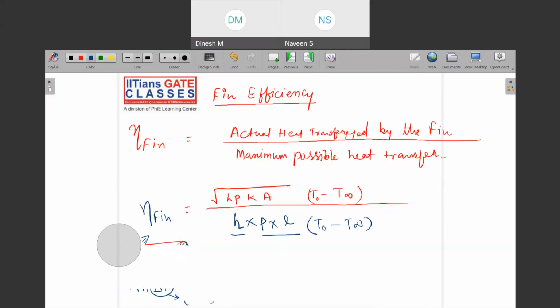And then I need to analyze a few things about the efficiency of the fin. Can you see that this T naught minus T infinity part and this T naught minus T infinity part are getting cancelled.